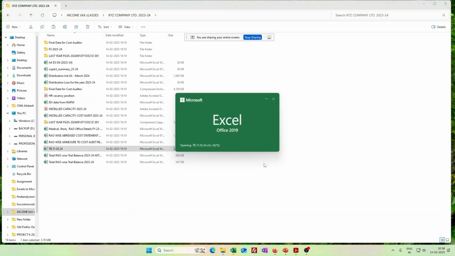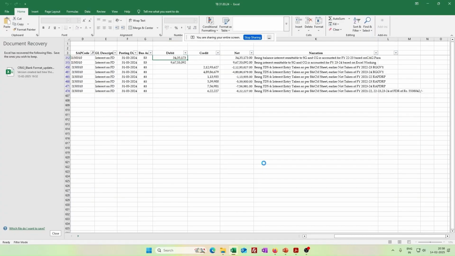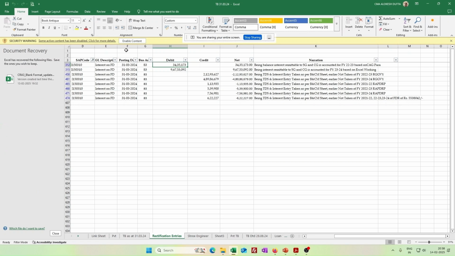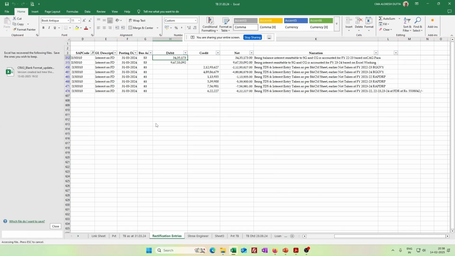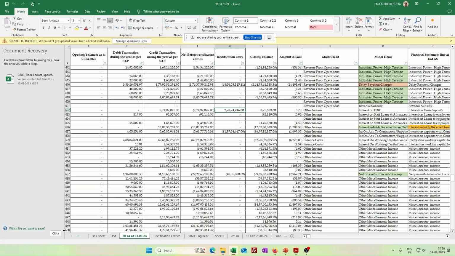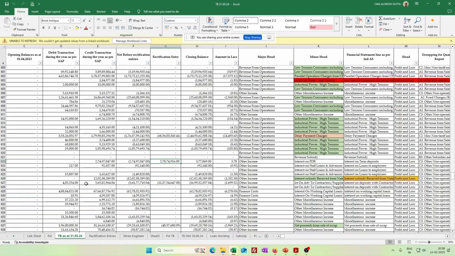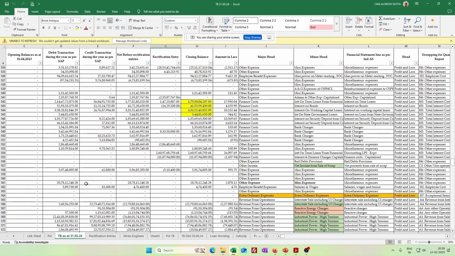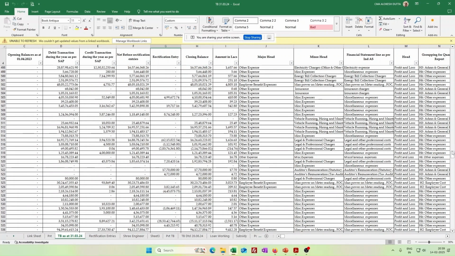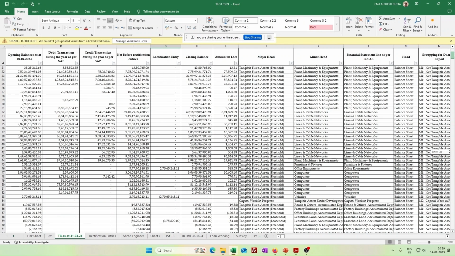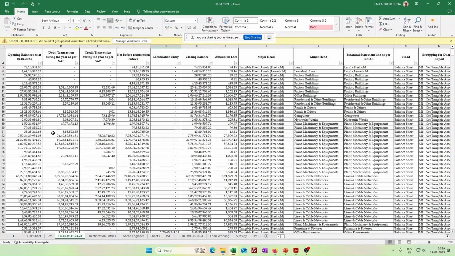This is the actual trial balance. You see, this is the real trial balance extracted from SAP of XYZ Company Limited.